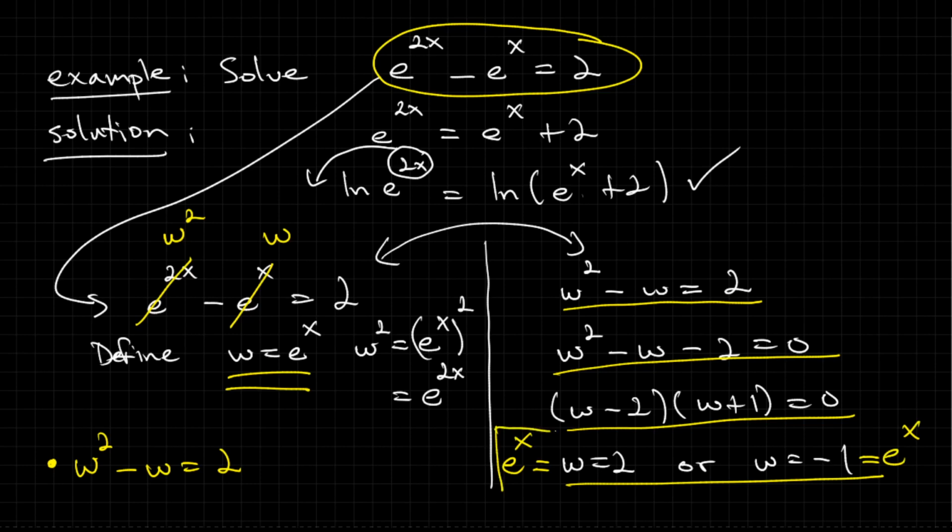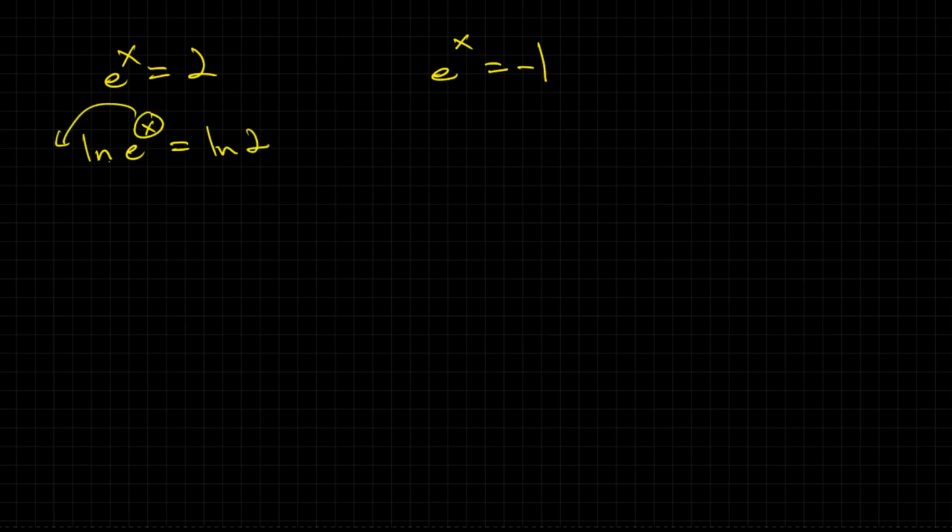So what we got here are two equations. e to the x equals 2 and e to the x equals minus 1. And both of these are relatively easy to solve. If I take the natural logarithm of both sides, maybe I'll do that in a new line so I don't crowd everything, then the x drops down, ln of e is 1, and I get x is ln 2.